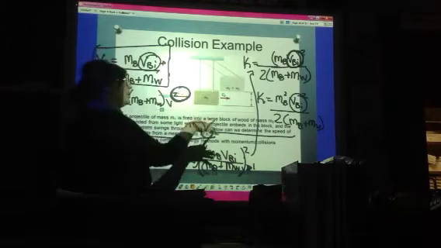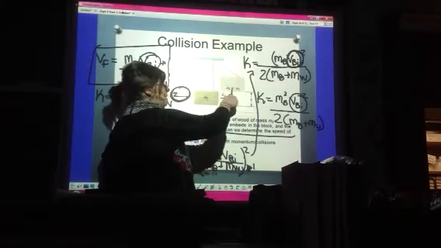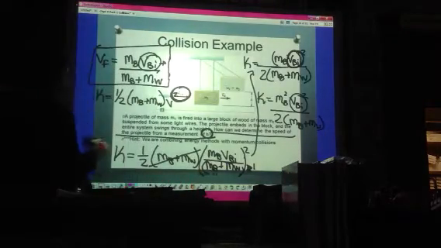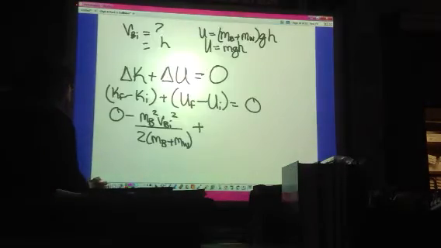And then its final potential energy, when the speed is 0 up here, means I have no kinetic energy, so my potential energy here would be the mass times the acceleration due to gravity times height.